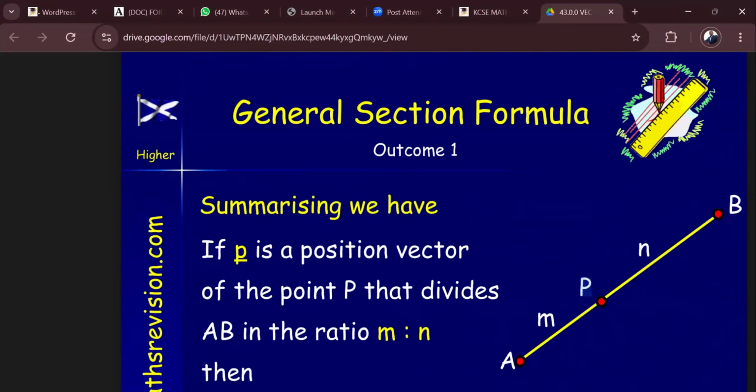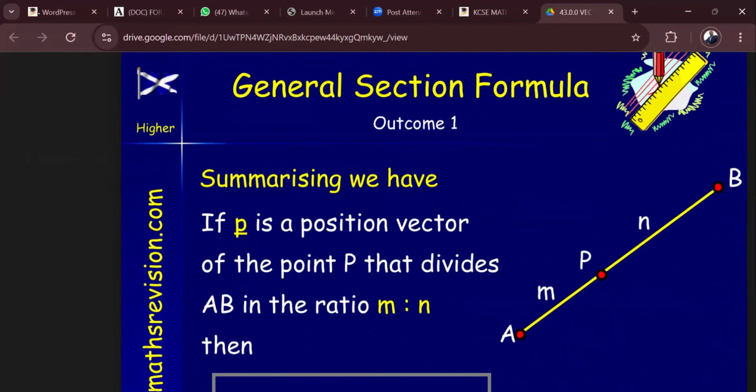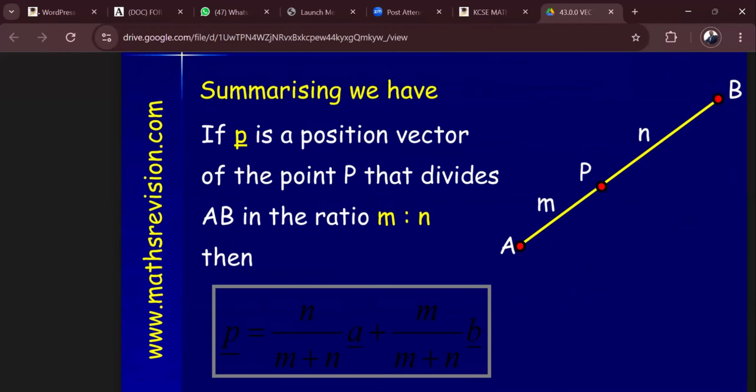Summarizing, if P is the position vector of the point P that divides AB in the ratio M to N, then P is, write this, this is very important, it is the ratio theorem: P = M/(M+N) A + N/(M+N) B.